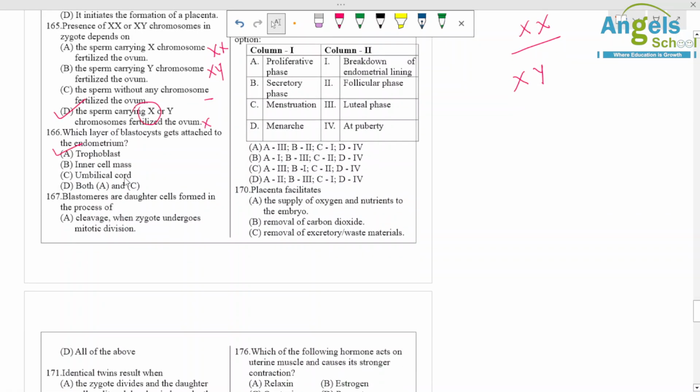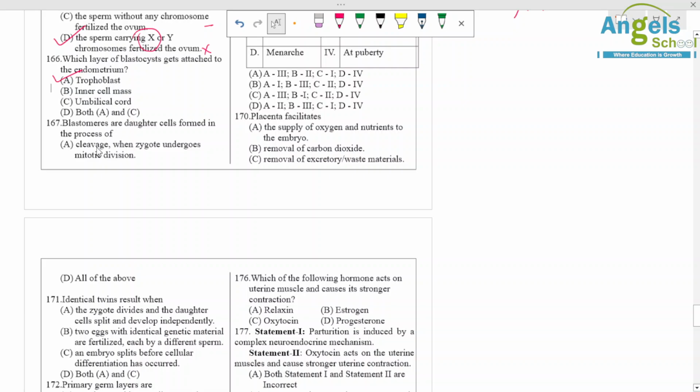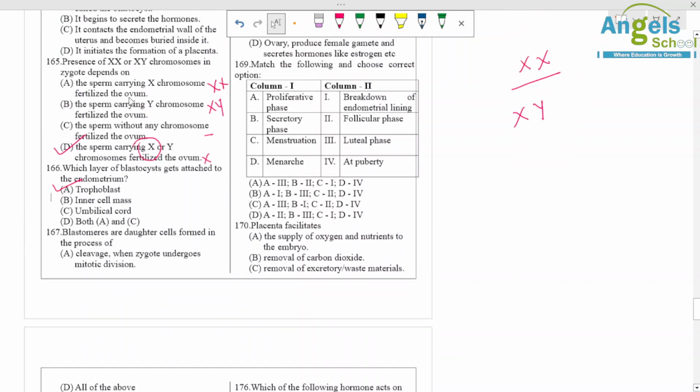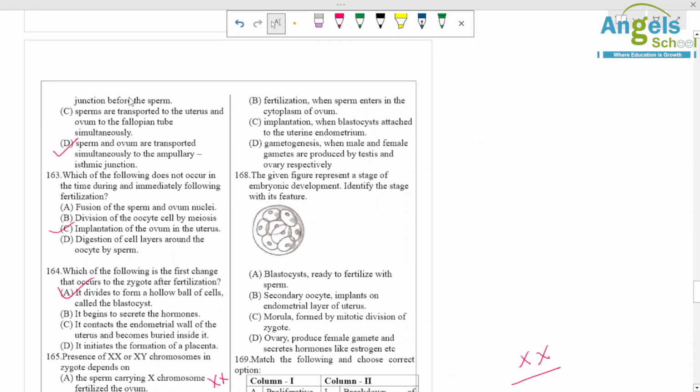167. ब्लास्टोमियर आर डॉटर सेल्स फॉर्म इन द प्रोसेस ऑफ. ऑप्शन ए क्लीवेज, when zygote undergo mitotic division, fertilization when sperms enter into cytoplasm of ovum, implantation when blastocysts attach to uterine endometrium, and gametogenesis when male and female gametes are produced by testes and ovary respectively.